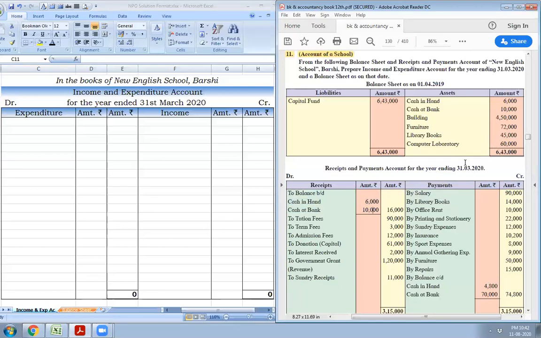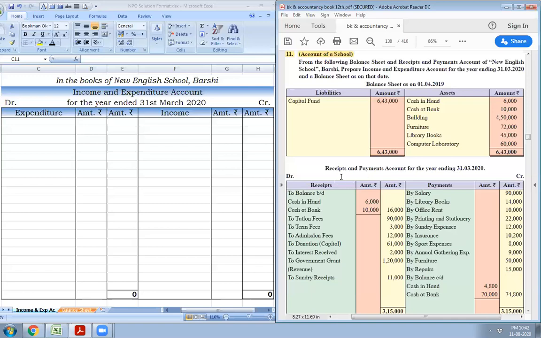If you observe in this question, furniture is again purchased for rupees 50,000, so we will add 50,000 to the existing furniture of rupees 72,000. Similarly, library books, opening balance is given as 45,000, to which we will add the additional purchase of library books, rupees 14,000.